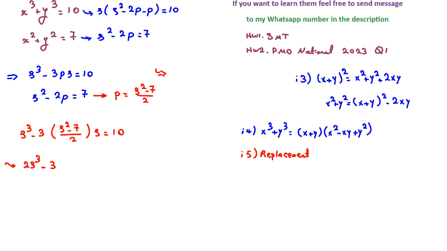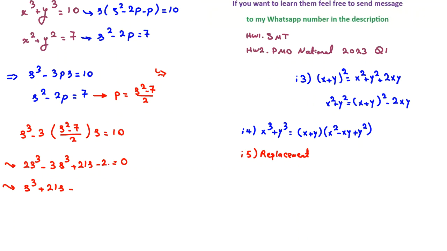minus 3s squared s cubed, plus minus minus plus 27 times s. And you take 10 to the left hand side, minus 10 equals 0. So we can say s cubed plus 21s minus, when we multiply by 2, this part will be 20.